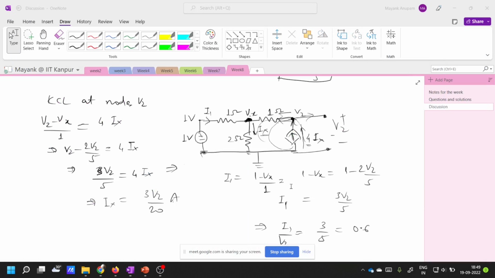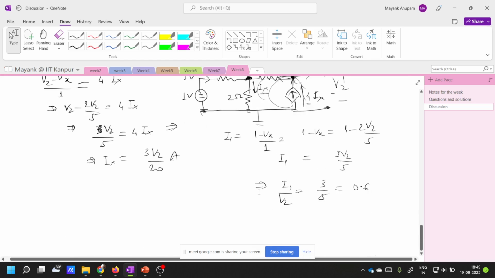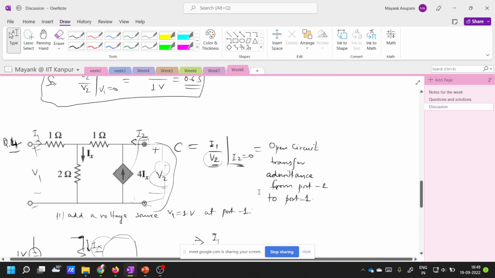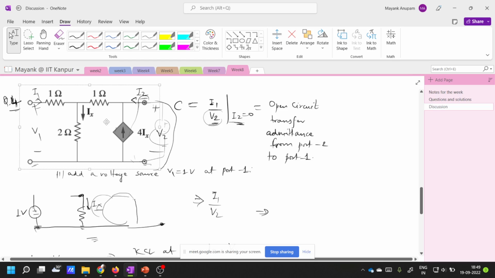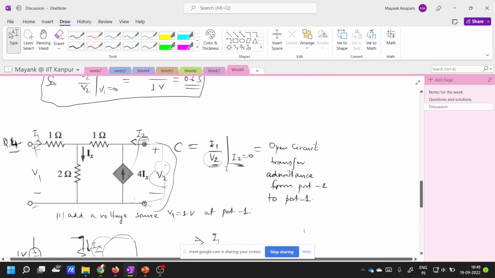What is your answer? Anyone else try? So can you try it now again? You have to find I1 by V2, right? So C parameter is what? C is I1 by V2, isn't it?